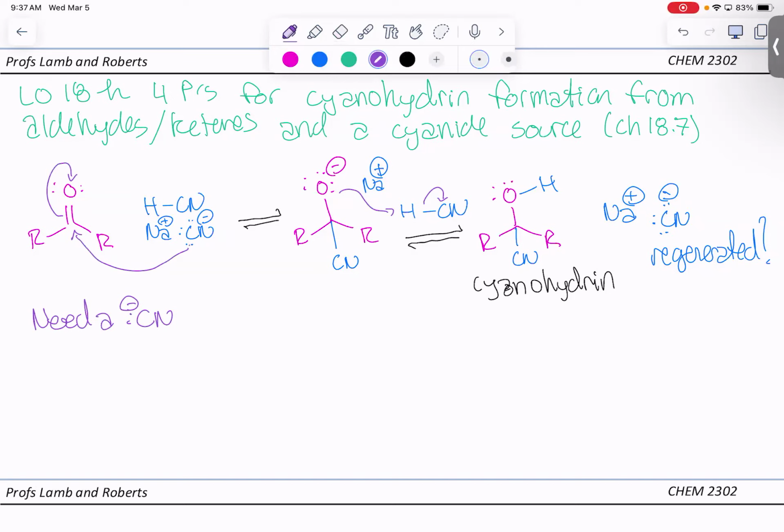I drew the incorrect number of lone pairs on this cyanide here. It should just have one. Sorry about that. So we need a cyanide source and a proton source.